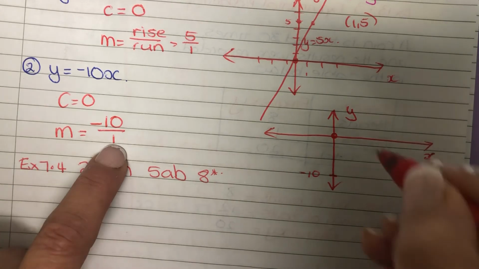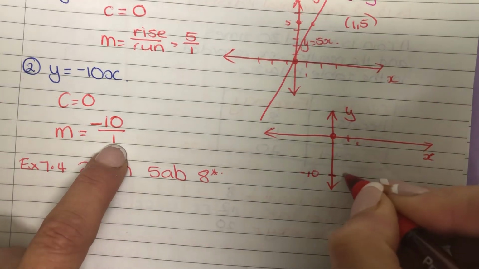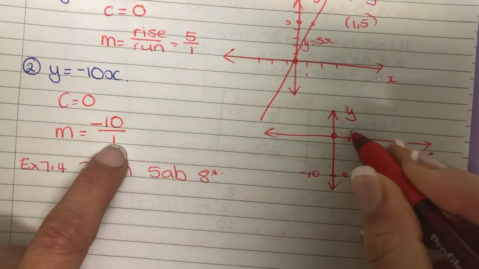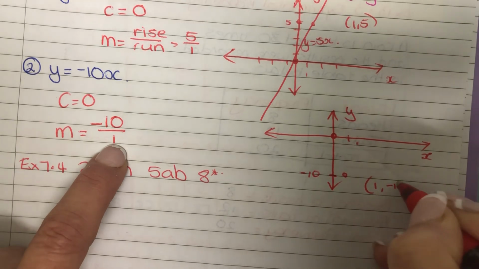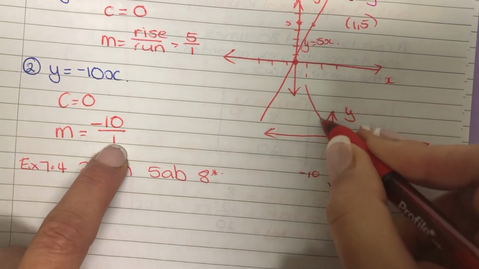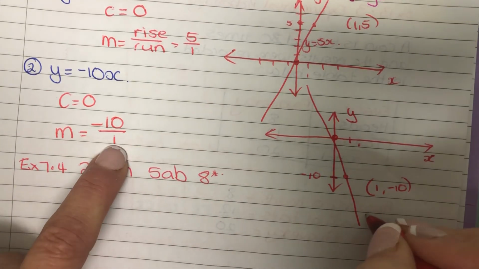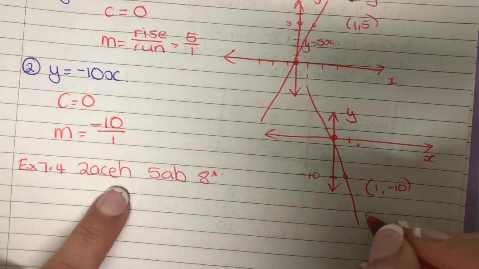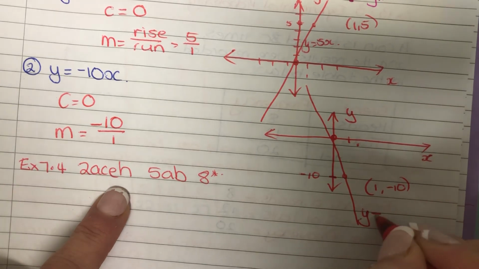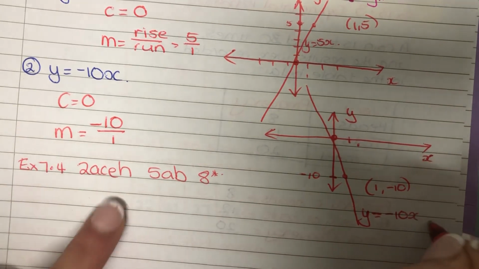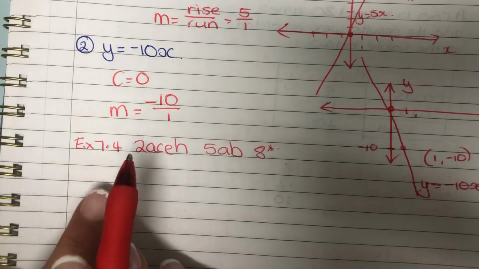And we're going to go across 1. So we're going to end up here. So this point will be 1, negative 10. And you can see it's a negative gradient, a negative line, which is what we wanted. And it goes through 0, 0. So it is y equals minus 10x. Done.